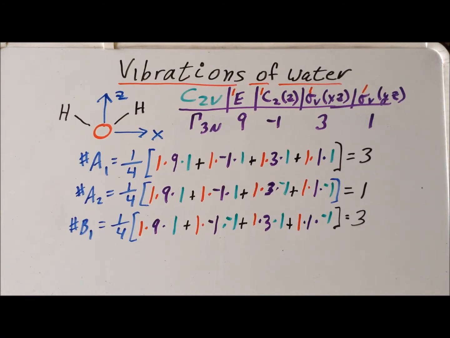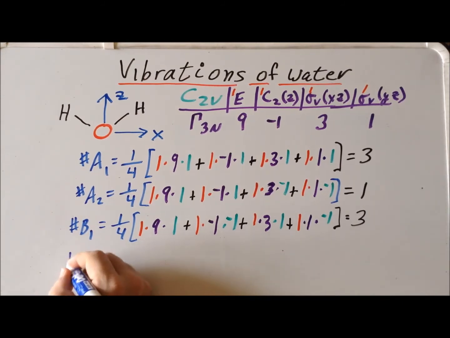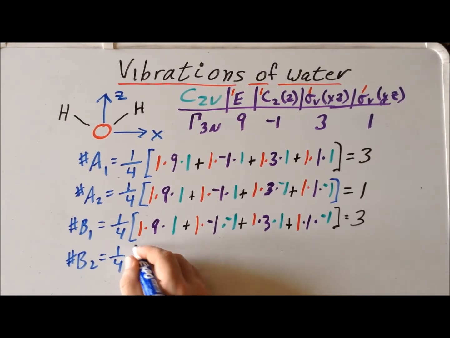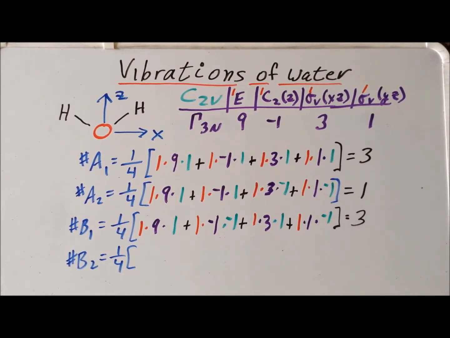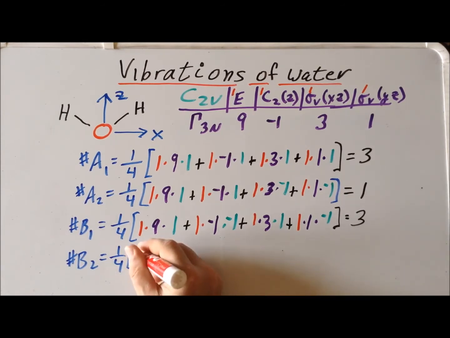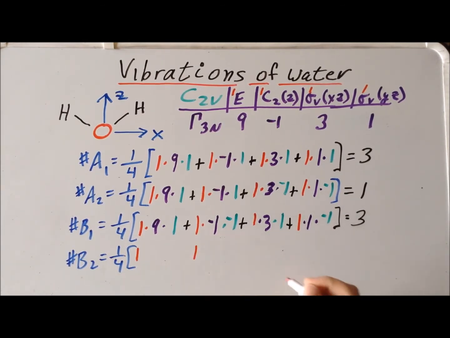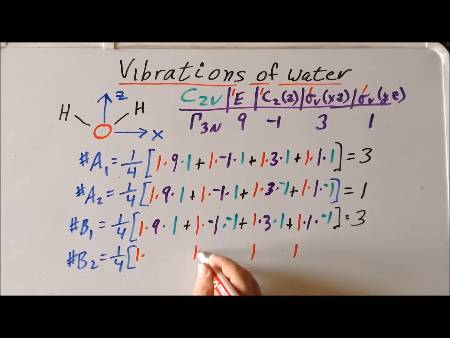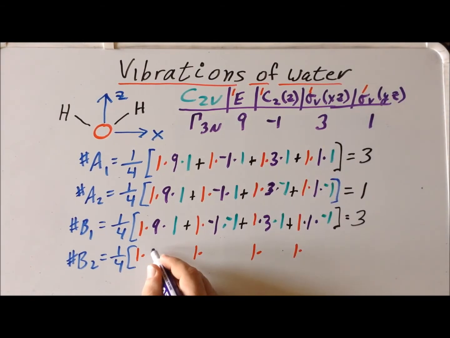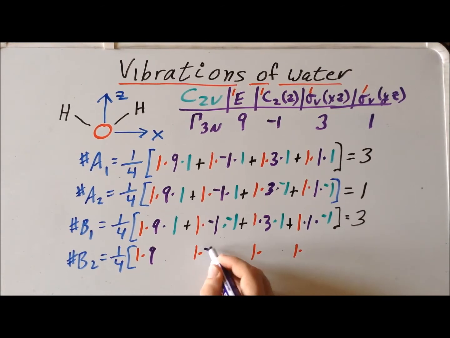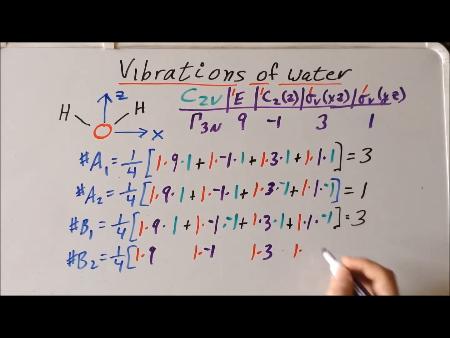And last but not least, we want to see how many B2s we have included in our reducible representation. These are always the same, so I can put them in by rote. The second factor is always going to be the character from the reducible representation. So we know that's going to be 9, minus 1, 3, positive 1.